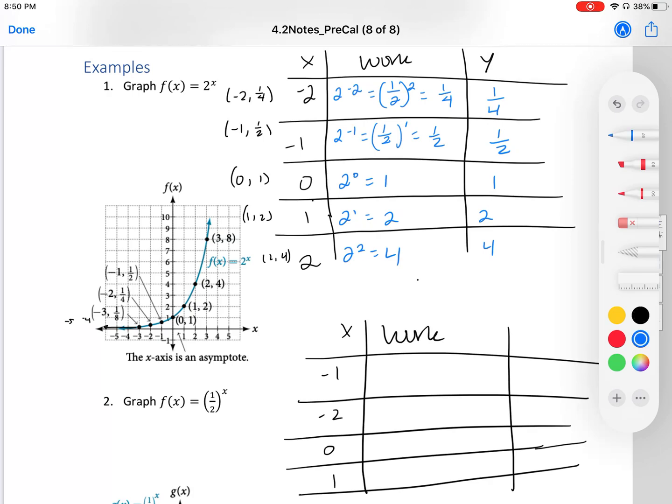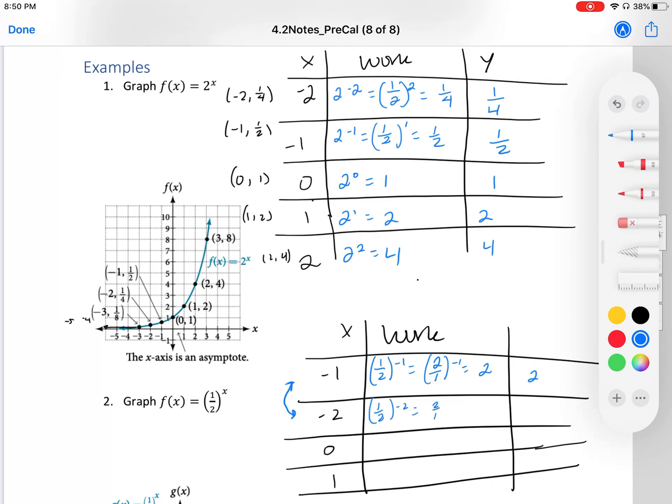Okay, so 1/2 raised to the -1 power. A negative in the exponent needs to become positive. To make it positive, we switch the inside, the reciprocal. So we get 2. Then we have 1/2 raised to -2.